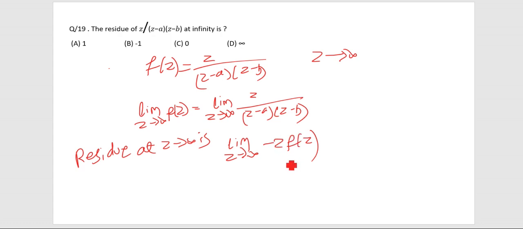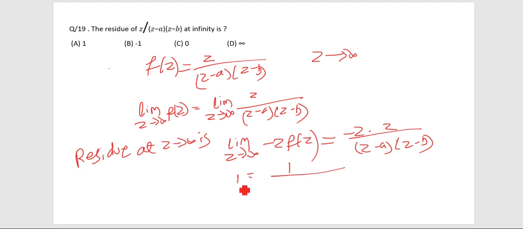So put the values, I'll get minus z into z by z minus a whole into z minus b. So now it is limit z tends to infinity. I have to convert one term as z minus a divided by z, and another term I write as z minus b divided by z.